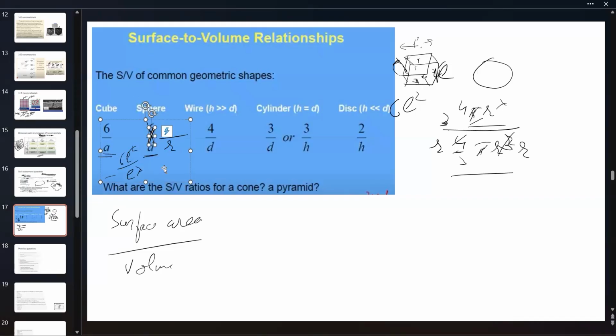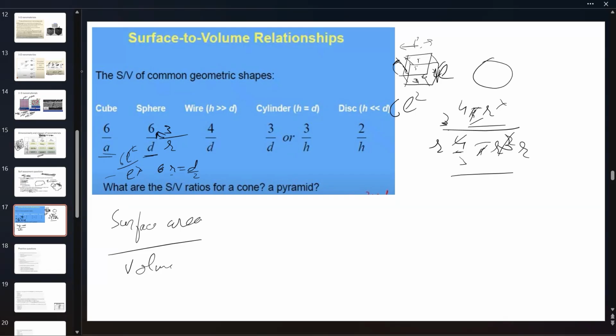I was talking about R, and this is D. So R is just D by 2. The radius is half the diameter. Yeah, you get this.